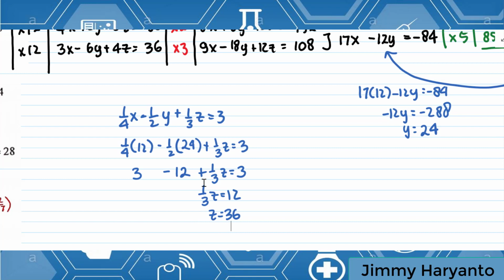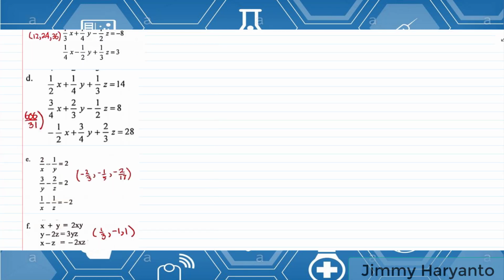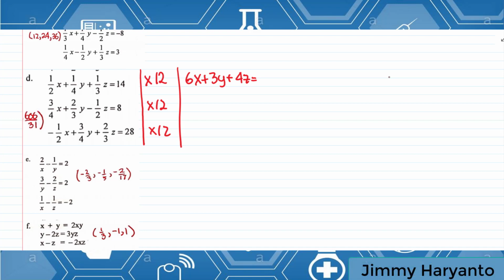1c. Next is 1d. For 1d, I want to times it by 12 again. Times it by 12, times it by 12, times it by 12. So the result will be 6x plus 3y plus 4z equals 12 times 14.